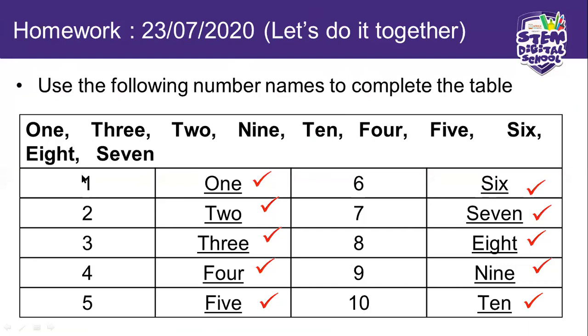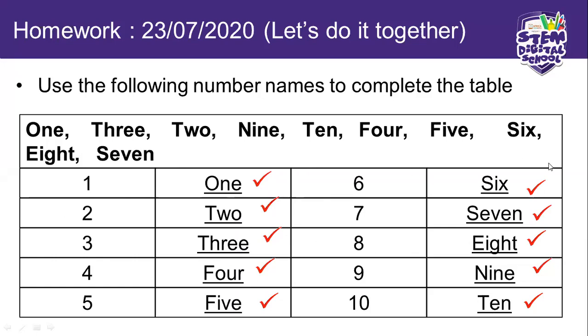Okay, we were given the numbers. We were also given names, and you were supposed to choose from the number names and slot them in their correct places. So you were filling in the gaps. So that is how we write 1, 2, 3, 4, 6, 8, 9, and 10.